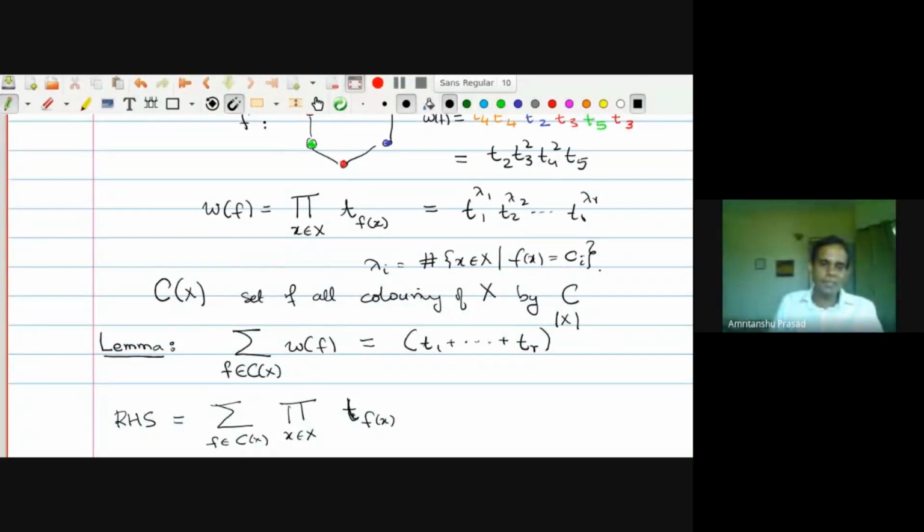So the right hand side is just this, but this is actually the left hand side. Okay, so this is just distributivity of multiplication. I hope this is clear. You can try it out with 2 variables or 3 variables and see how it works.